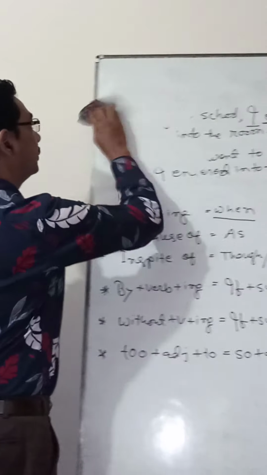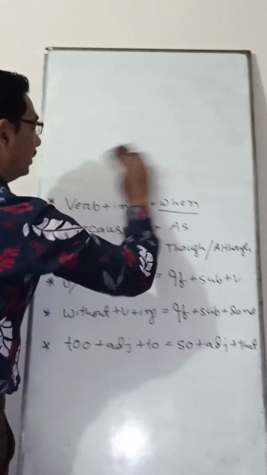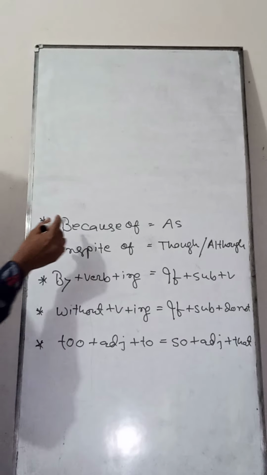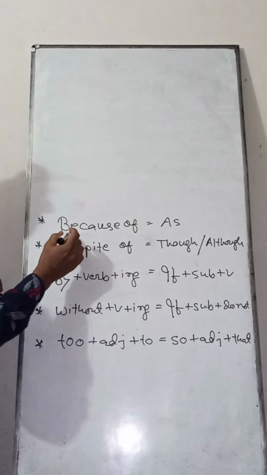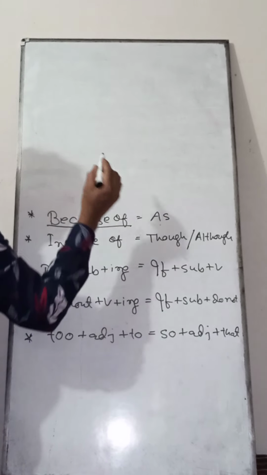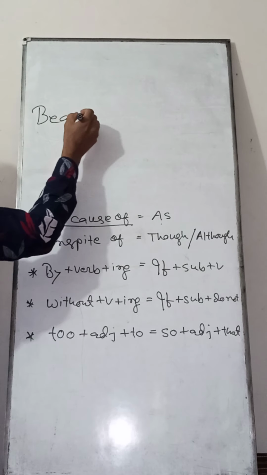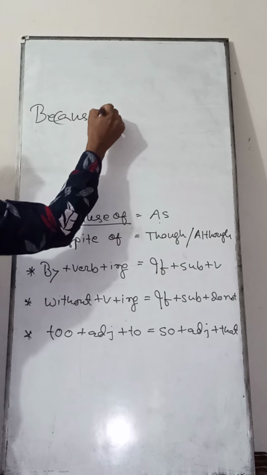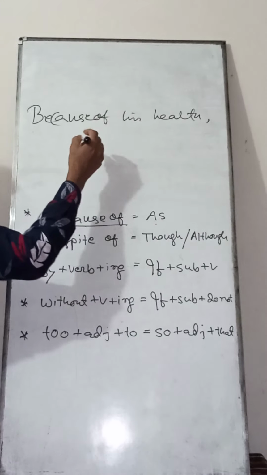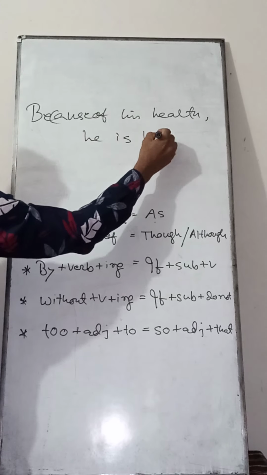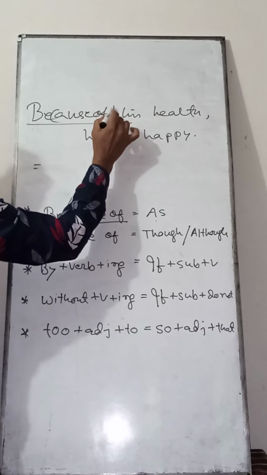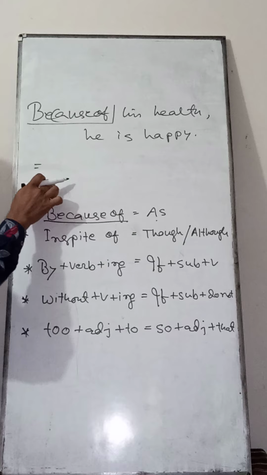Now I am going to discuss the second rule, because of. If you find a sentence with because of, you have to transform it by adding as. For example, "Because of his health, he is happy." Because of is a sign of simple.